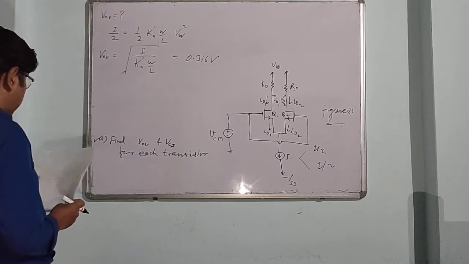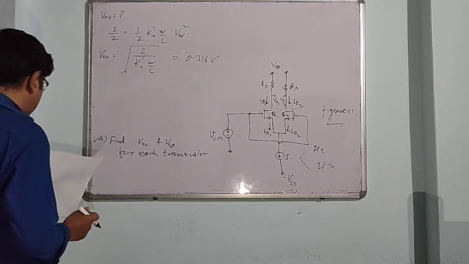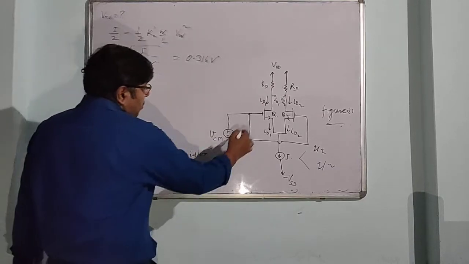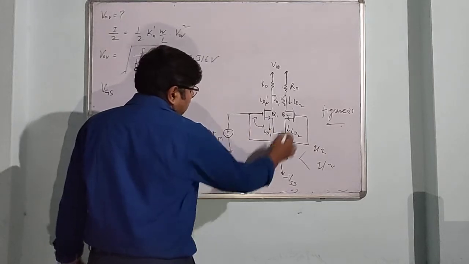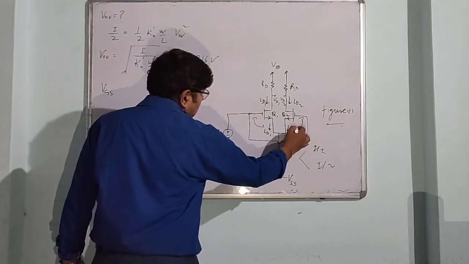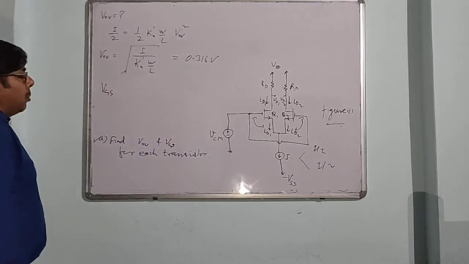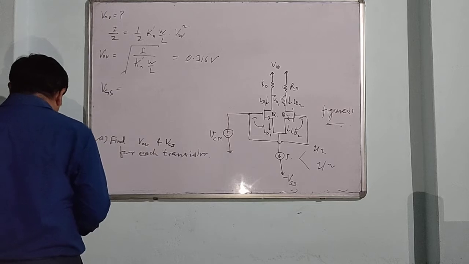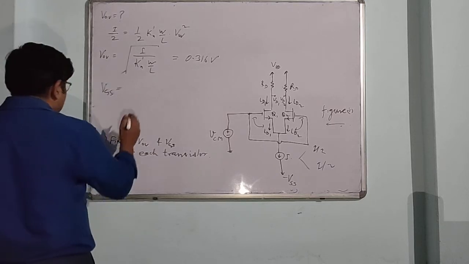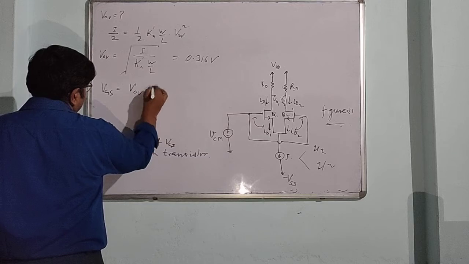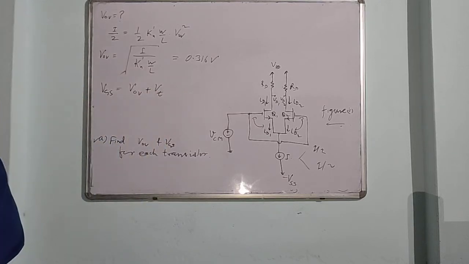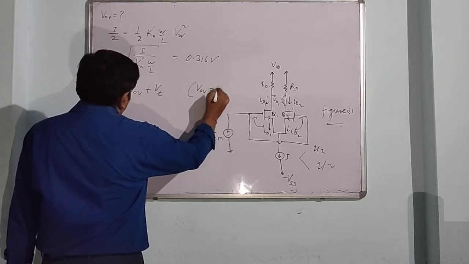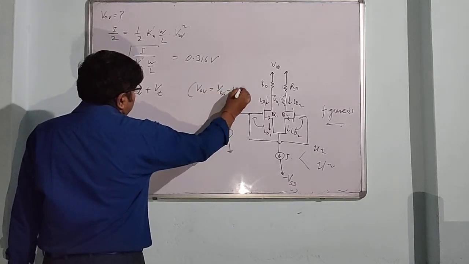The second thing is VGS, gate to source voltage. Gate is common and source is common, so the voltage is the same for both transistors. Gate to source voltage is the overdrive voltage plus threshold, or you can say overdrive is the difference VGS minus VT.